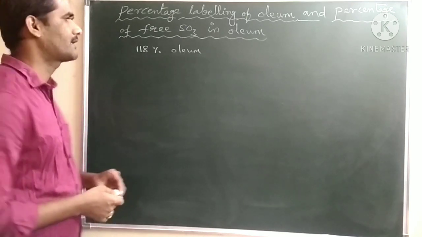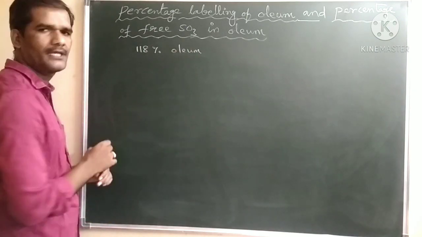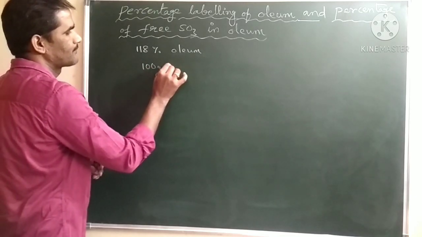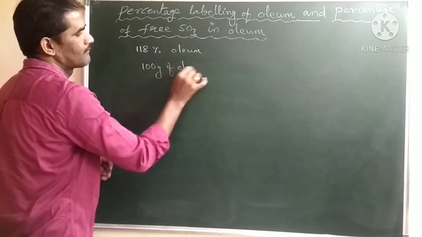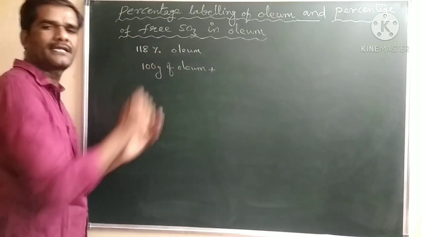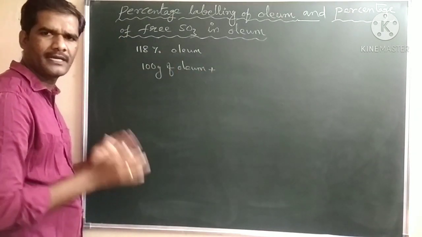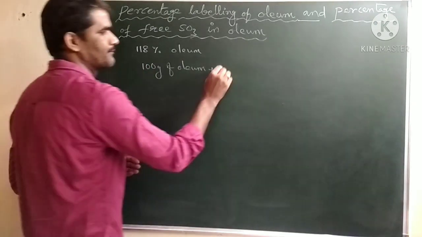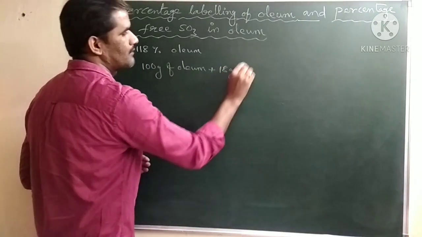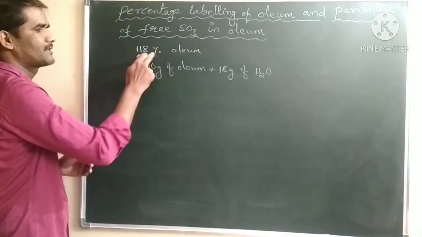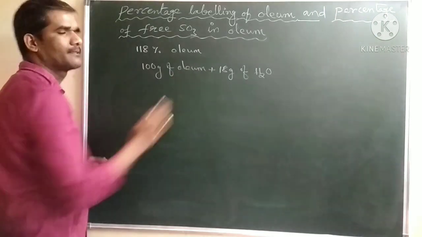If you want to calculate, 118% oleum means what? 100 grams of oleum contains, whatever the excess above 100, the remaining is water only. Here 118 means the remaining 18 grams is water. So the overall 118% indicates this is the meaning.